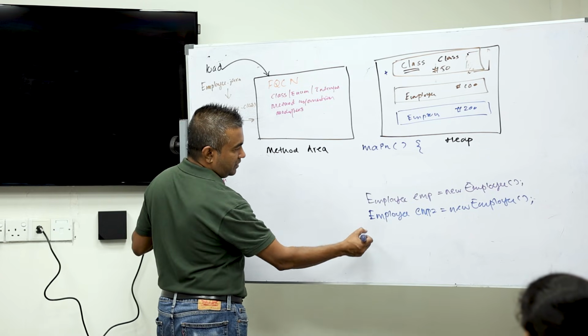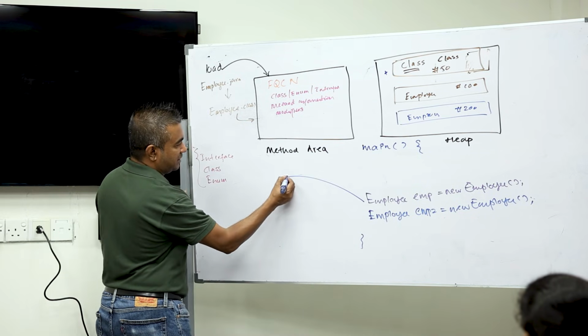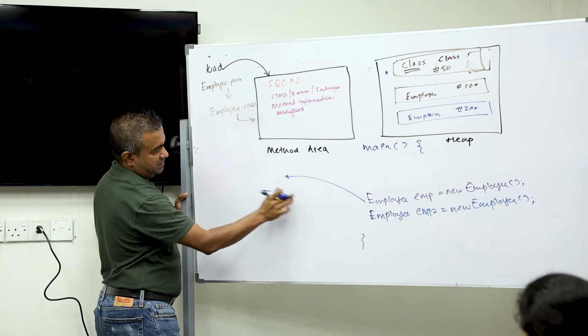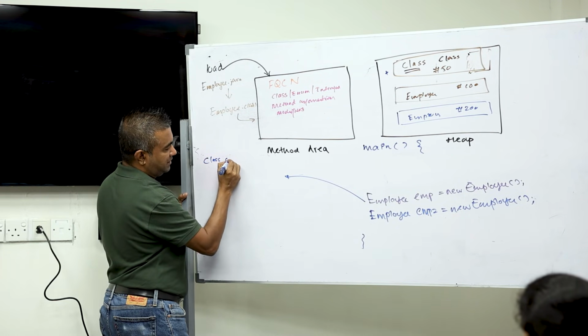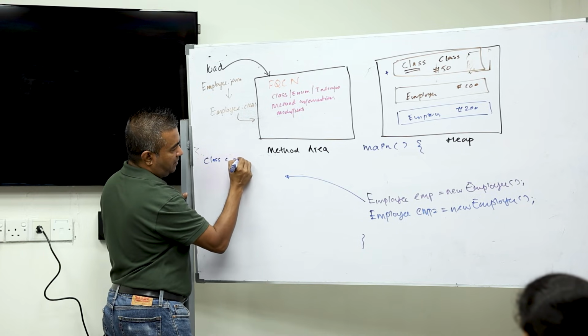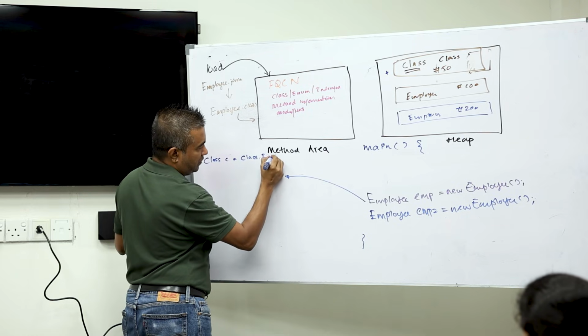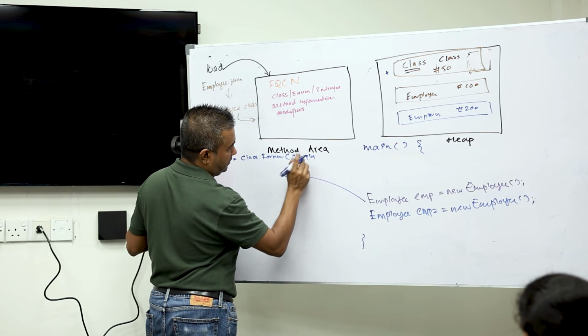Now see this one. I'm going to write something like this under this. Class C equals Class.forName("Employee").